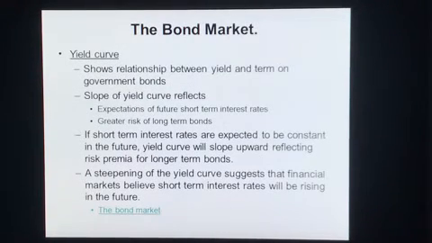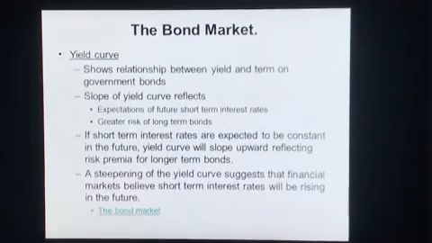The yield curve tells us how the yield of a bond moves according to the time period. It shows the relationship between yield and the term on government bonds. The slope of the yield curve reflects the expectations of future short-term interest rates and the greater risk of long-term bonds.